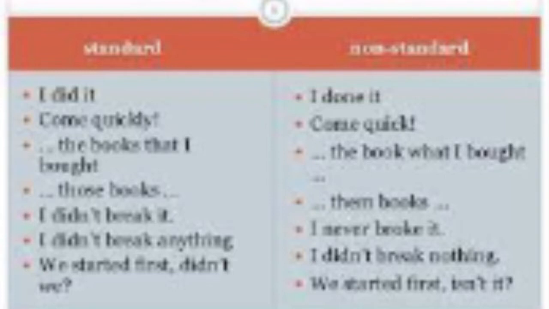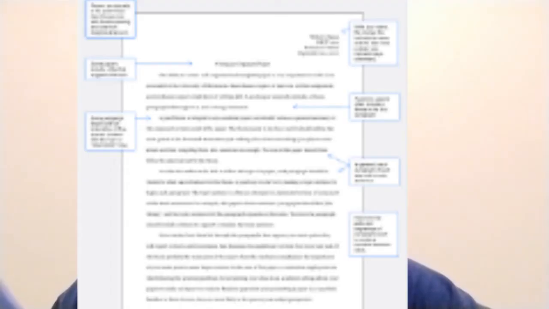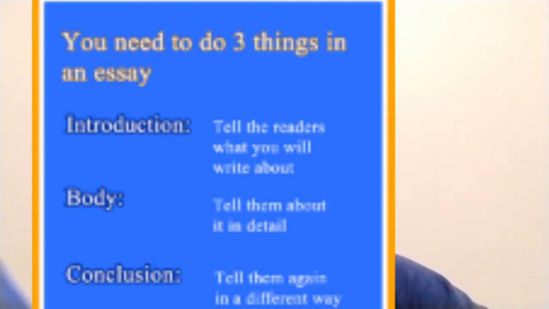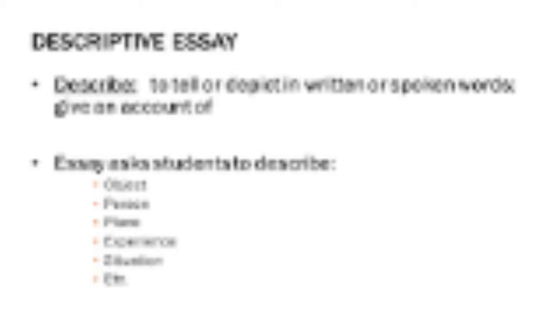What do we mean by academic essay? For our purposes, we can define an academic essay as a document that has a defined structure: an introduction, a body, and a conclusion. The main types of an academic essay, we have three: descriptive, expository, argumentative.